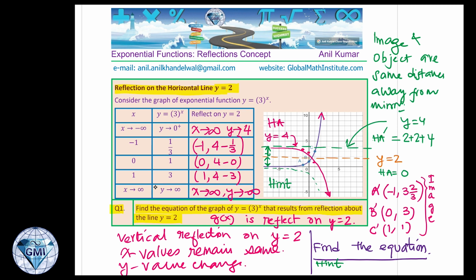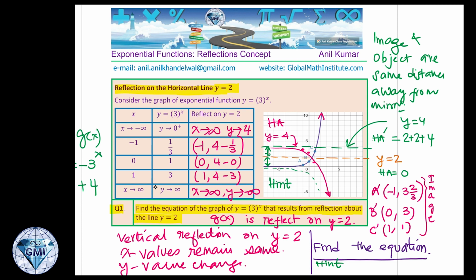Perfect. So you have to reflect on the x-axis. So you get minus 3 to the power of x, and then move it up by 4 units. Perfect. So that is plus 4. Right. So what do we get? We get the function g of x equal to minus 3 to the power of x, that is going to reflect it, and then plus 4, which is going to move it up by 4 units.